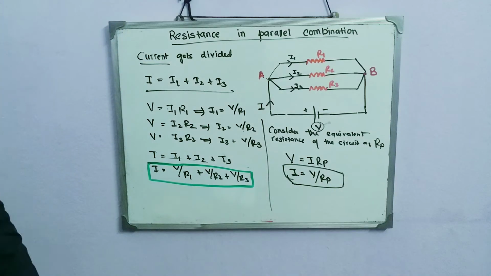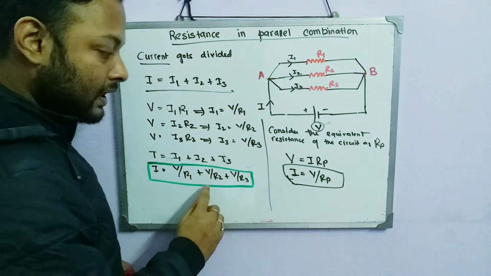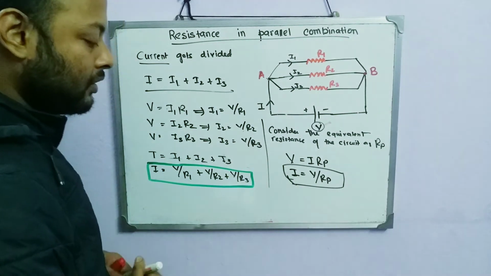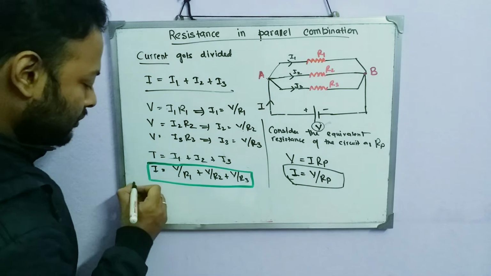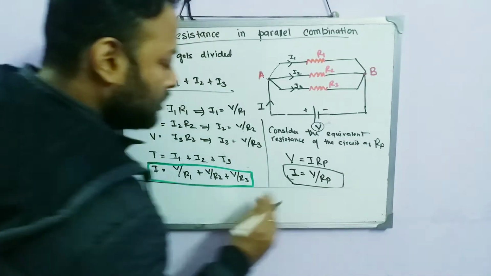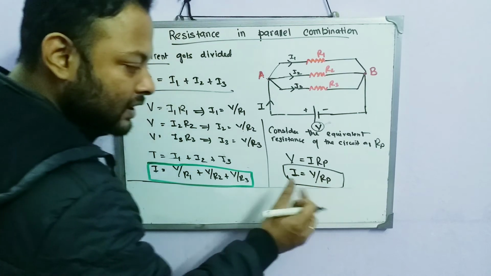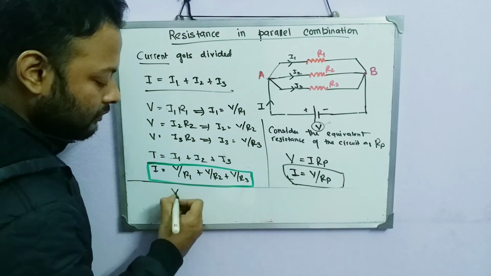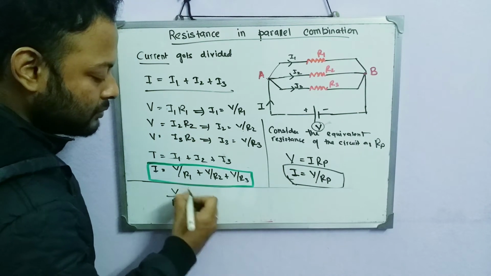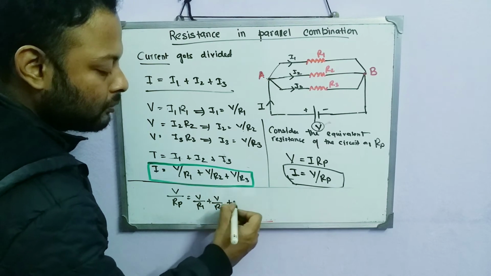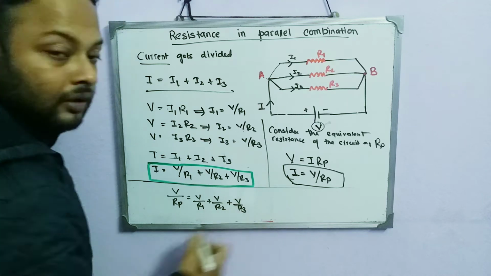So this net current becomes V by Rp. Now after this I have to equate both of them. See, I is equal to this much and I is also equal to this much. So V by Rp becomes equal to V by R1 plus V by R2 plus V by R3.